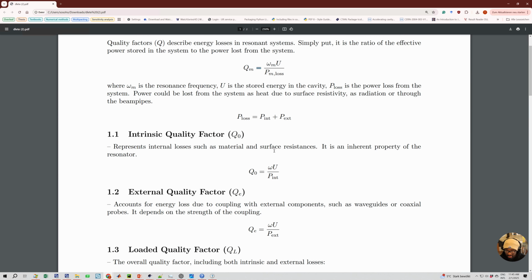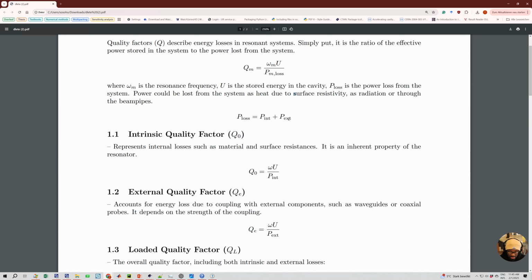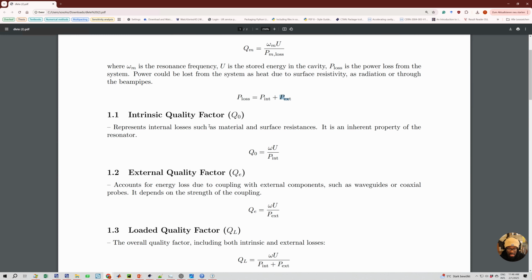So you could have different ways in which your power could leave the system, and this is split conveniently into internal losses and external losses, where your internal losses are defined as the losses due to heat and finite surface resistivity. Take note of this. The external is every other loss, so your radiation loss through the CST waveguide ports, through your beam pipes, which are captured by the waveguide ports.